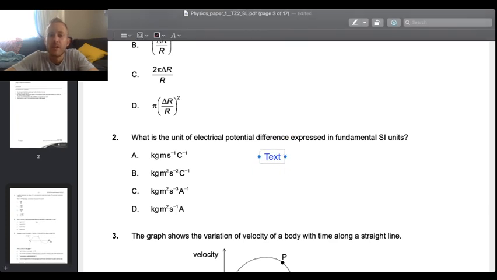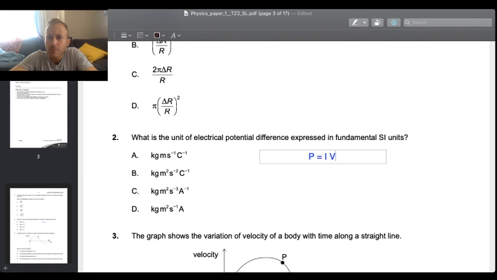Electric potential difference is another word for voltage. So we have to think of an equation with voltage in it, and the one that I can think of is P equals IV. Power equals current times voltage.